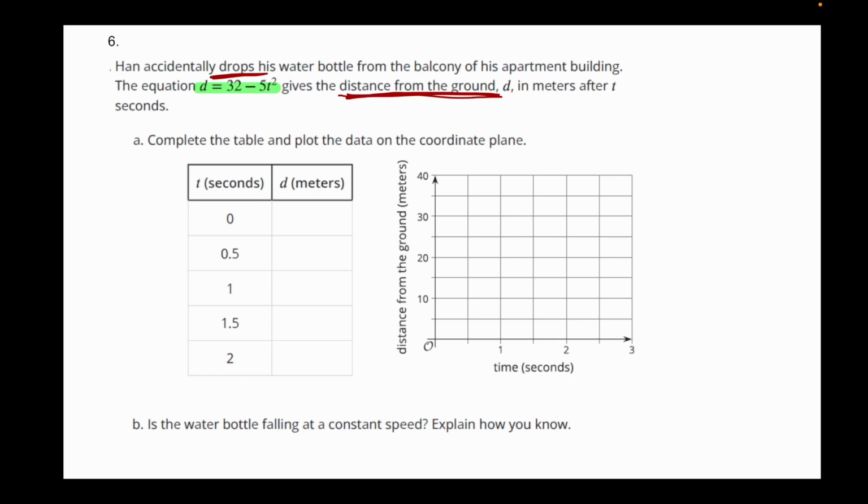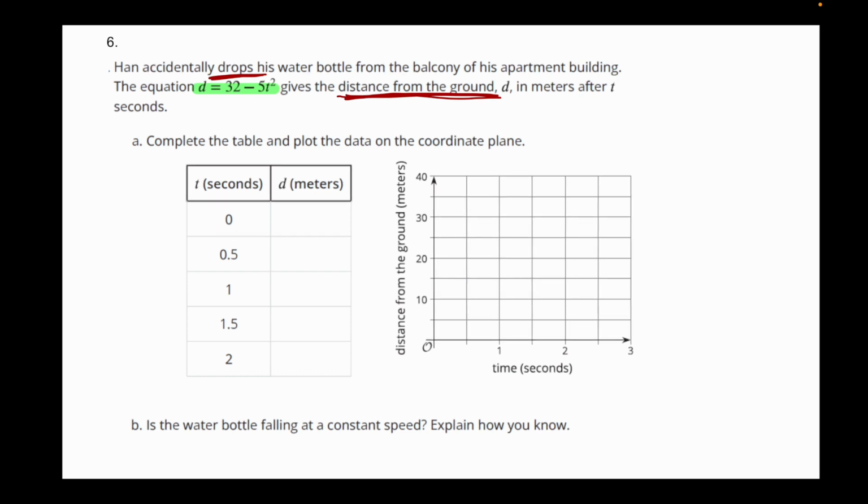So we are using this function and essentially just plugging these numbers in. 32 minus 5t squared. Well, if we start by plugging in 0, 0 is often the easiest number because that means that anything with a variable becomes 0.